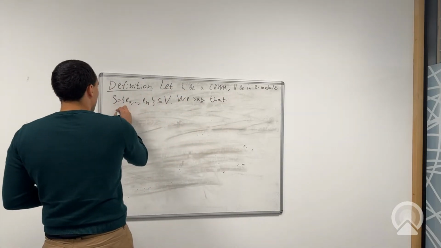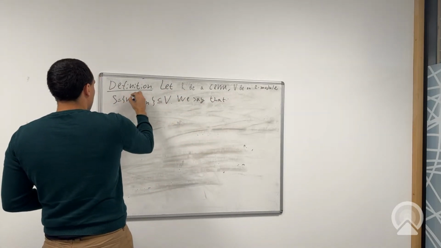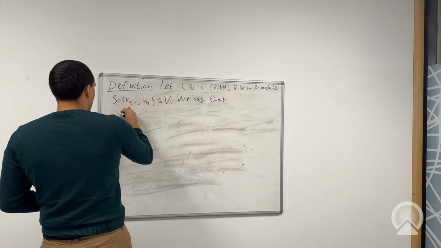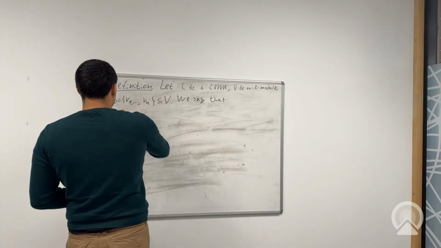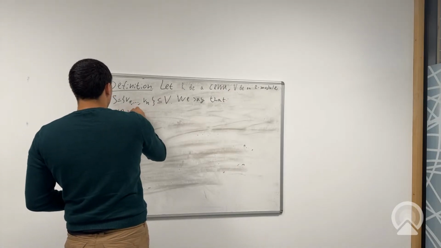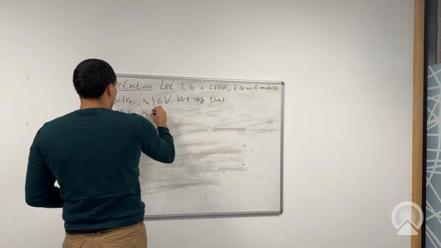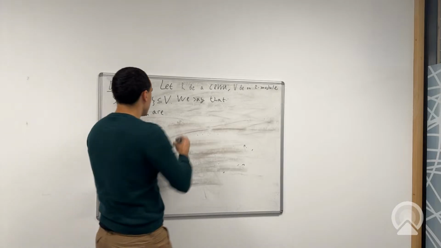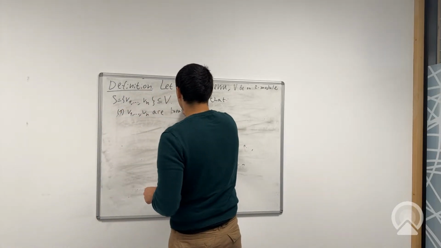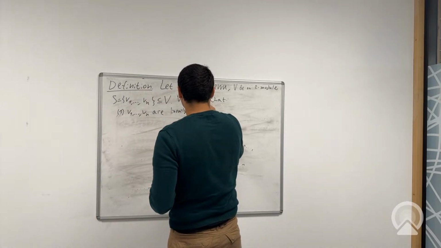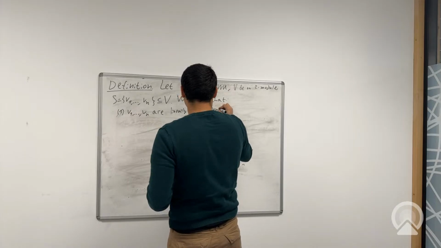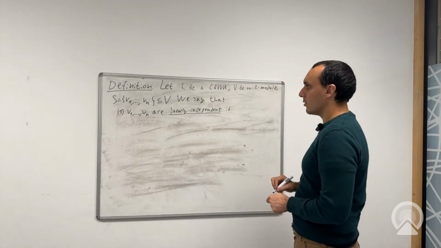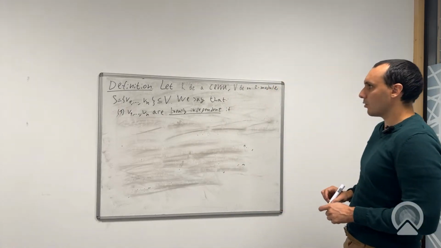One: these n vectors v1 to vn are linearly independent if the only combination giving the zero vector is the trivial combination.